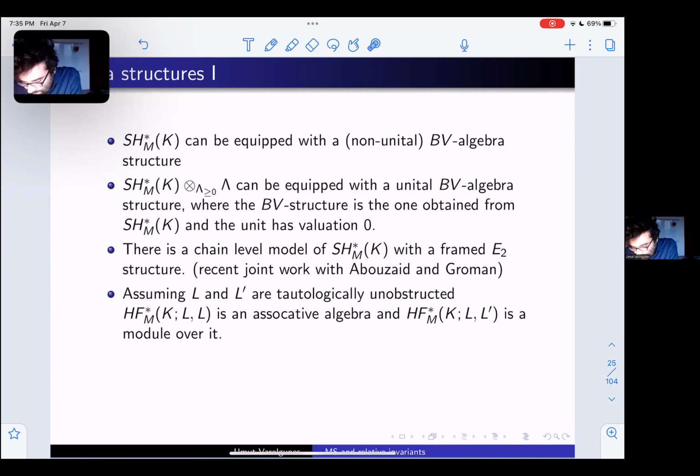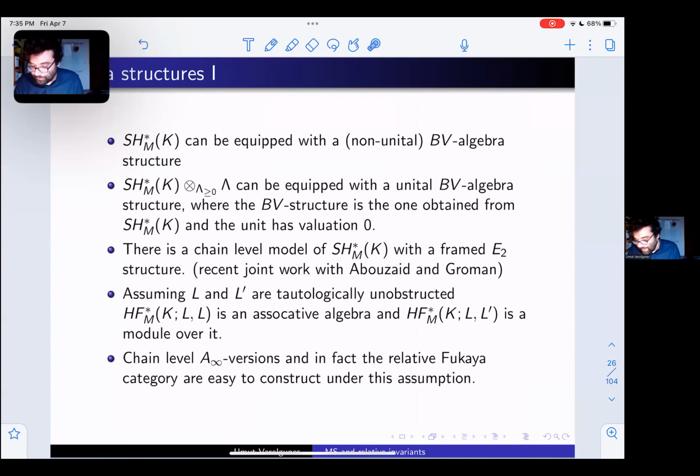And more in the Lagrangian case, again, I'm assuming tautologically unobstructed, so no disks. You can allow disks, but the statements are more complicated. In that case, if you choose the Lagrangians to be the same, it should just be an associative algebra. And the pair is supposed to be a module over that associative algebra.